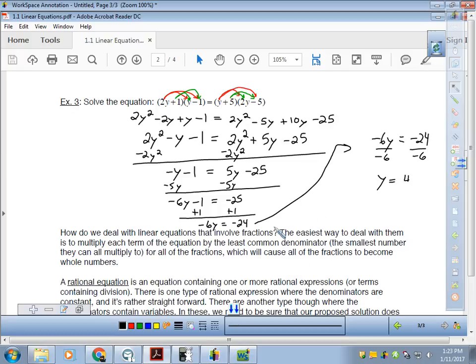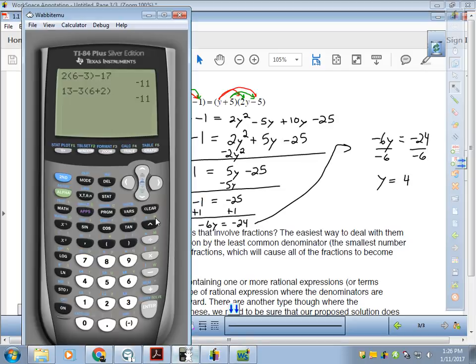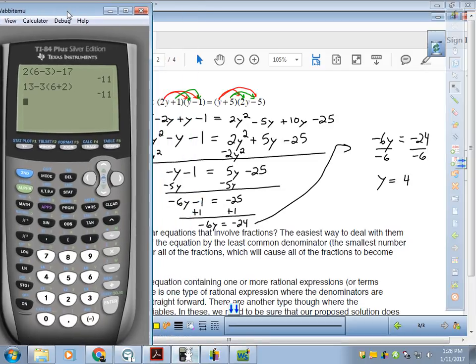Now again, I want to check this before I box it in, so I want to plug it in. And again, I'm going to kind of cheat a little bit with my calculator. So I'm going to have parentheses 2 times 4 plus 1, close parentheses, open parentheses, 4 minus 1. So I get 27 on the left side.